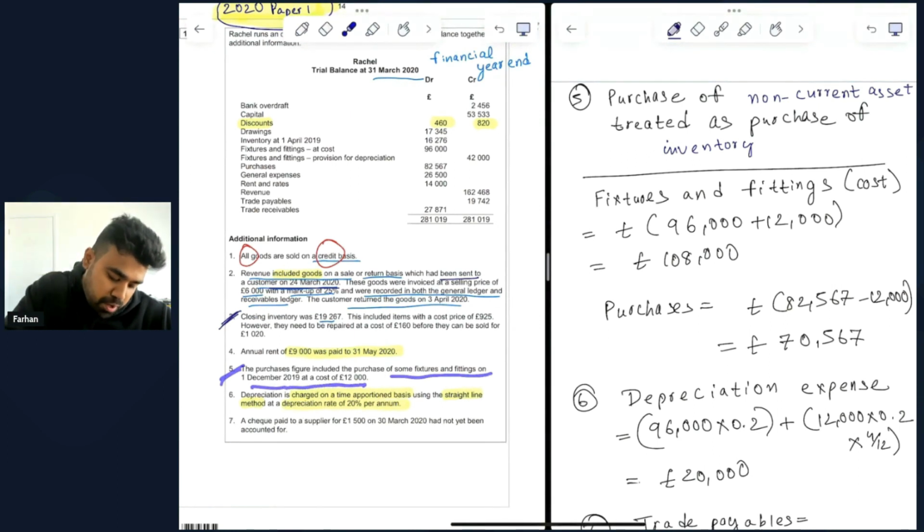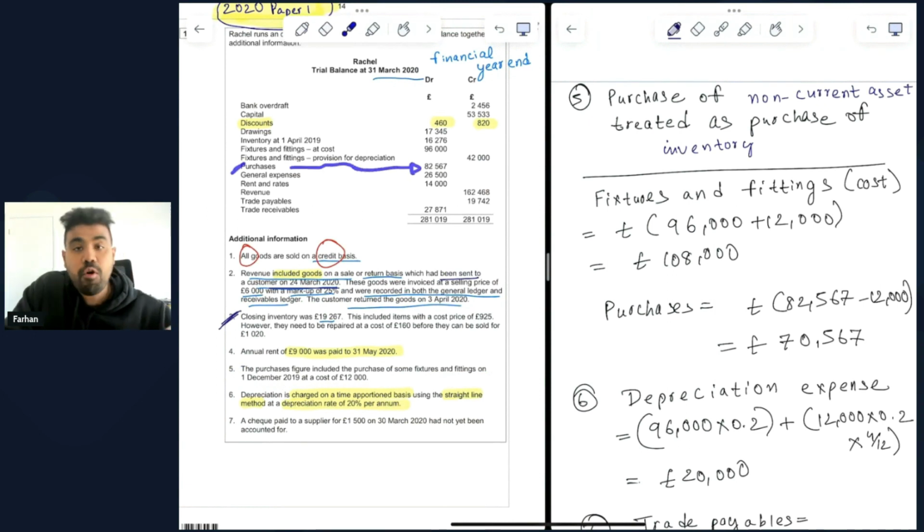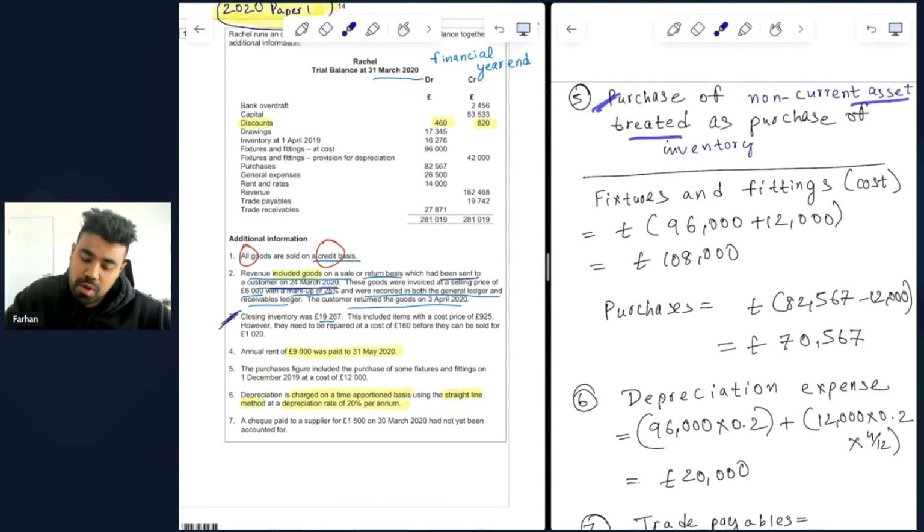The value for the purchases that we are given here should refer to purchases made for inventory only, which is given as £82,567. But what we understand is that this has been incorrectly treated, where the purchase of the non-current asset was mistakenly treated as purchase of inventory. So how do we fix it?